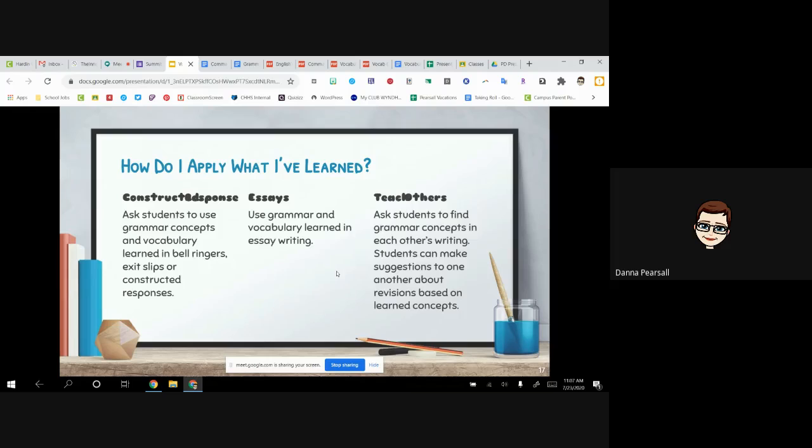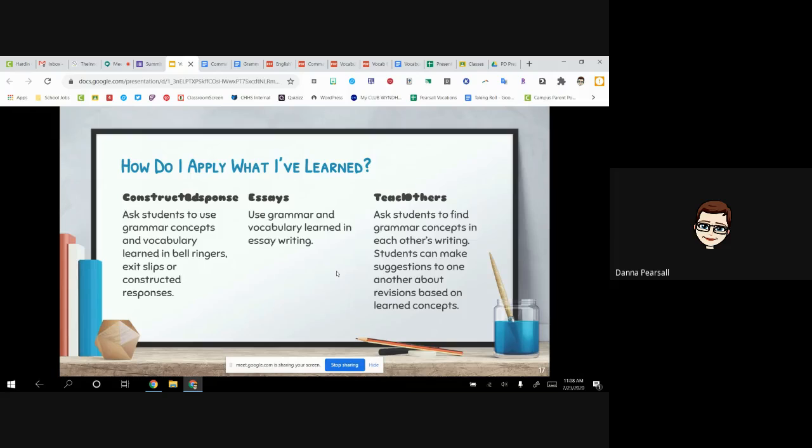So I would ask students to use grammar concepts and vocabulary in these constructed responses. If I'm talking about, I'm just going to use the same example, commas before FANBOYS, I'll ask them to do it one time or two times in the paragraph that they're writing as their bell ringer or their exit slip or whatever it is.